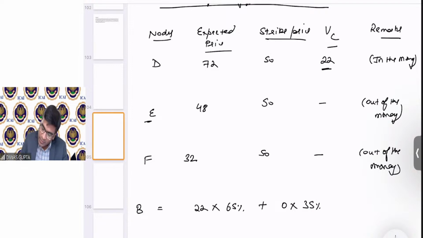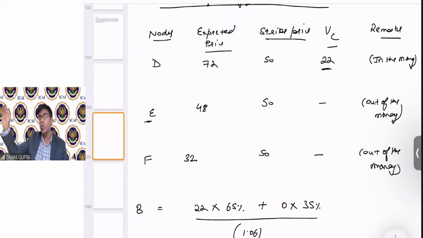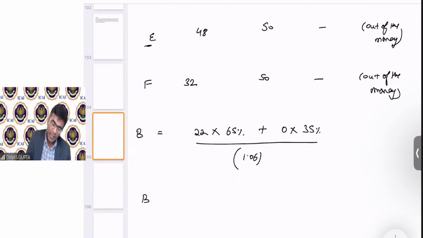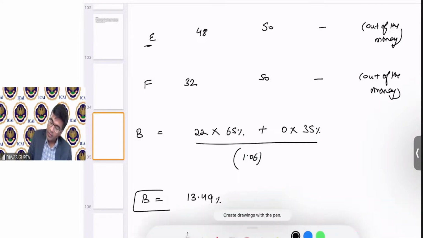But this has to be taken to a present value by 1 year, correct? Because D and E were the values after 2 years, and B is the value 1 year before that, right? So we have to move 1 year. Hence, it becomes 13.49. Sorry, 13.49 is the absolute value. Sorry, students.